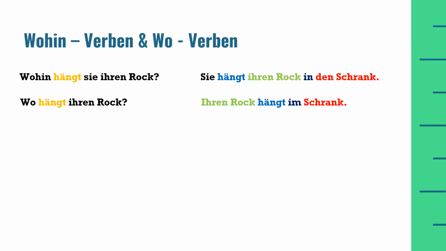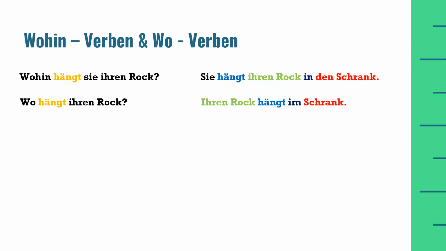But hängen is a verb that we can use in both contexts. And whether there is a movement in this sentence or not will depend on the context. So if we ask for the position of something, then we have to use the question word wo, and if we are expecting a movement in the answer, then we have to use wohin.